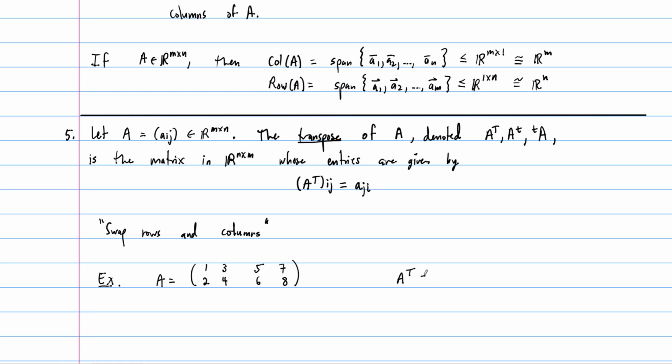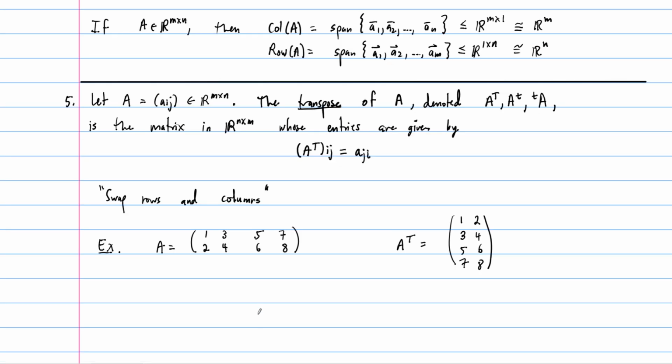Its transpose is going to be the matrix whose first column is the same as this first row, so the first column will be 1, 3, 5, 7. And the second column will be the second row, so 2, 4, 6, 8 will become the second column of A transpose. And it's that simple, right? You just flip this thing and swap the rows with the columns.